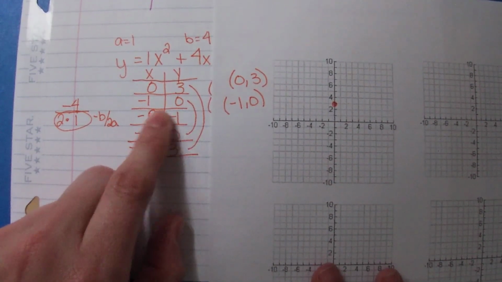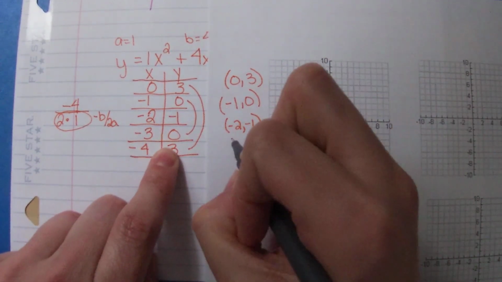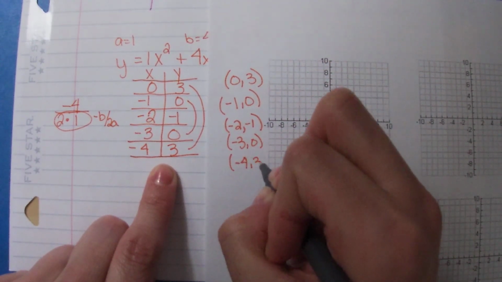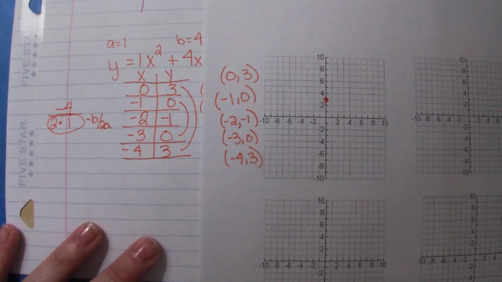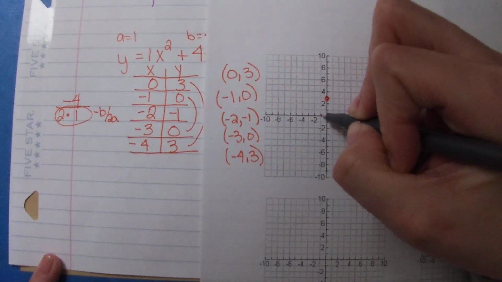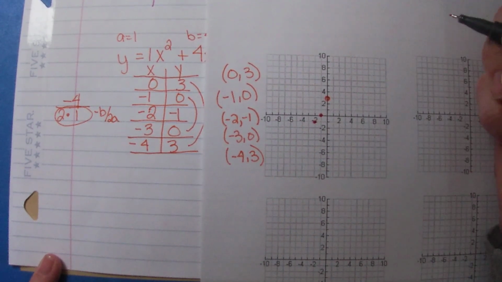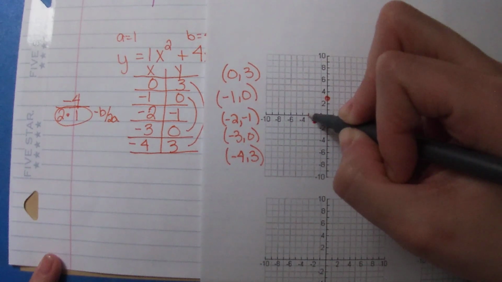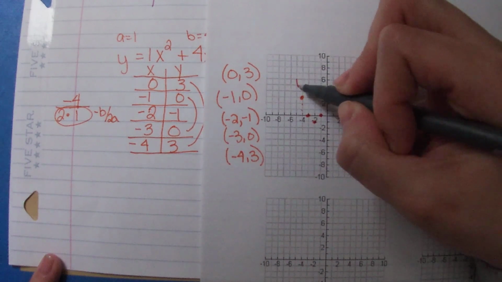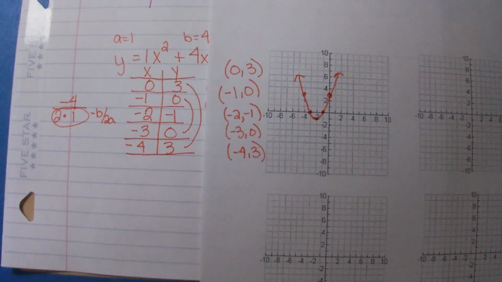So I'm taking each of these from my table and just writing them as ordered pairs. It's like, holy cow, Mrs. McKinney, you plot points way faster than me. Just pause the video. Okay, so negative 1, 0. Negative 2, negative 1. Negative 3, 0. Negative 4, 3. And there is my parabola.